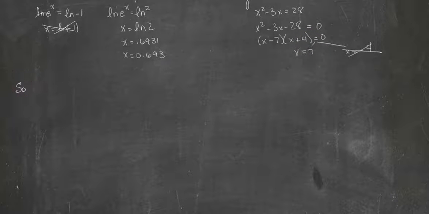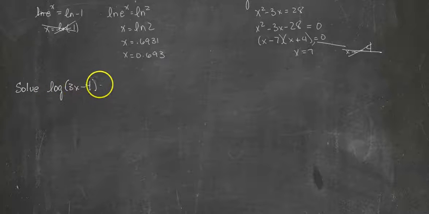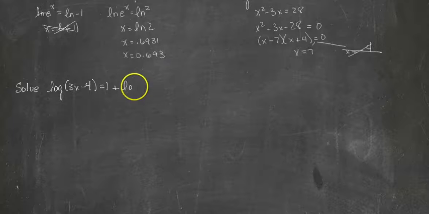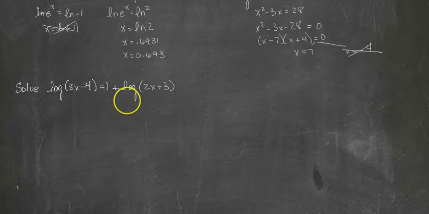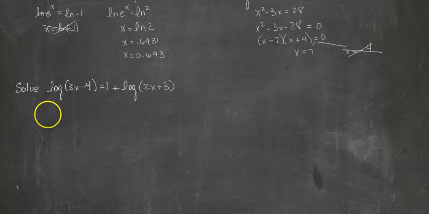Alright, so let's expand a little bit on the idea of extraneous solutions. I want to solve the log function log(3x minus 4) equals 1 plus log(2x plus 3). Okay, well, if I can get my logs together on one side, I'm thinking I'm going to have to use exponentials, but maybe not. Let's see what happens if I manipulate this a little bit.